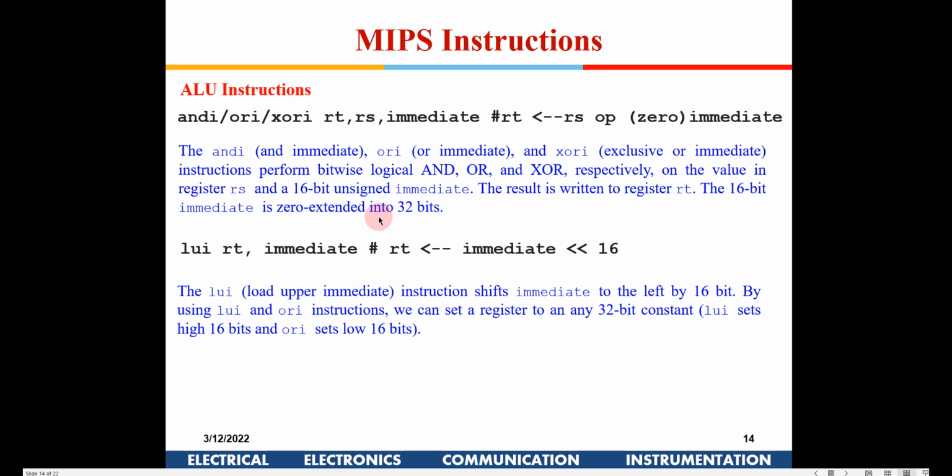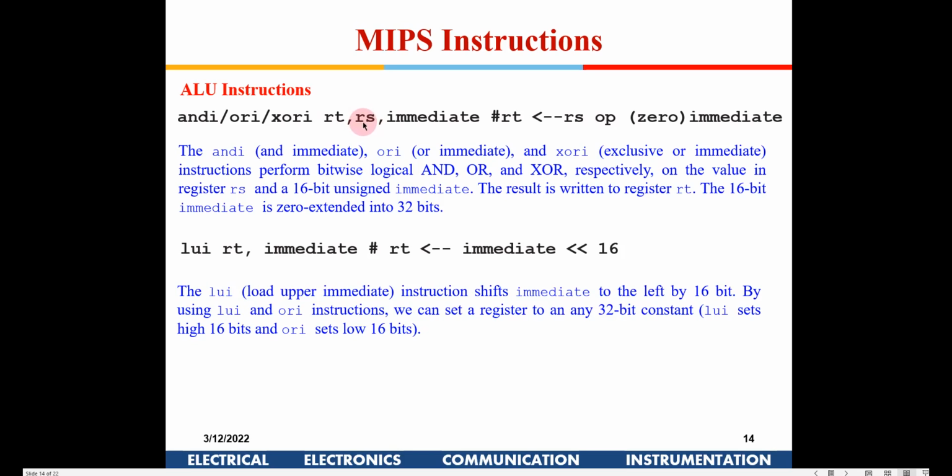Say, for example, if I put 16-bit data and then do an AND operation, invariably in the destination register the upper bits will all be zeros, because it is all zero extended. Only in the lower bits will the data from the source register remain, so you are basically truncating the data of RS.